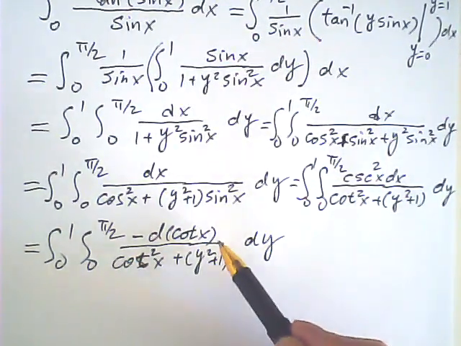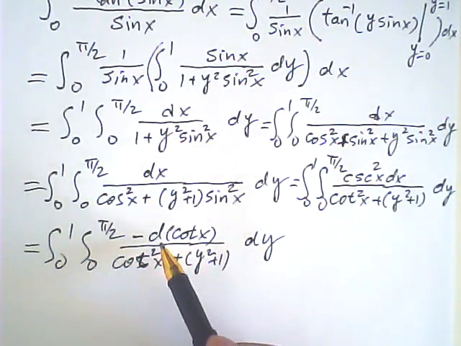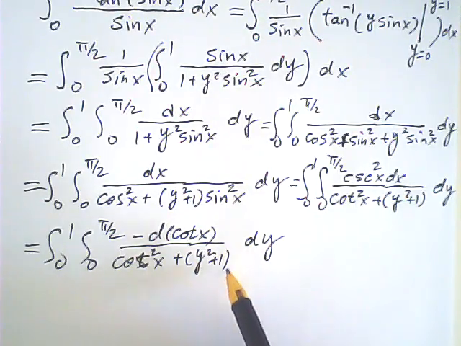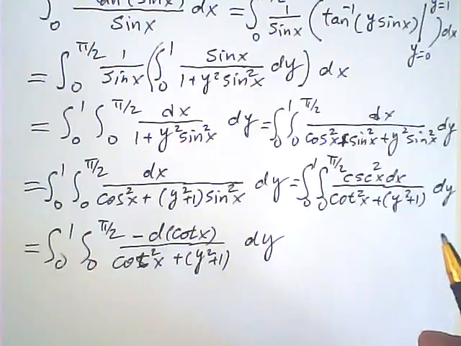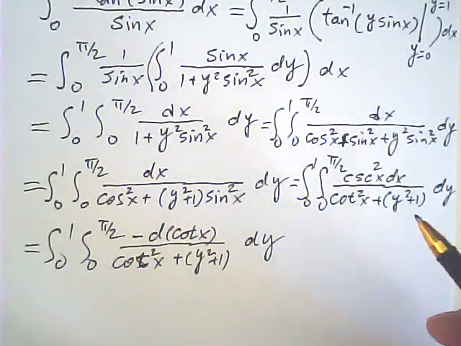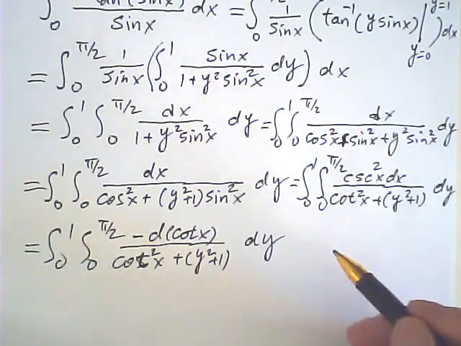Now, for this integral, we are integrating with respect to cotangent x. Therefore, this is a constant. This is a cotangent square, so we can use the formula of arctangent, right?